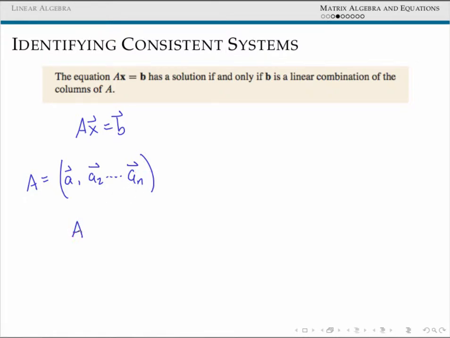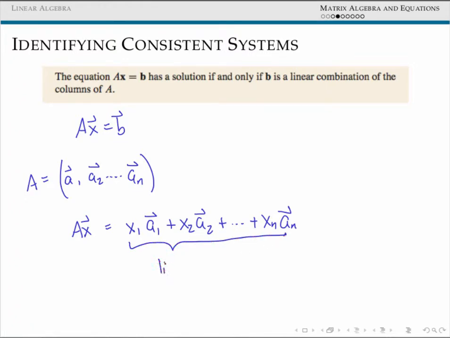By definition, this Ax is equal to a1 times x1, let's write this in the correct order, since x1 is a constant inside our field, x1 times the column vector a1, x2 times the column vector a2, to xn times the column vector an. This is some linear combination of our column vectors.